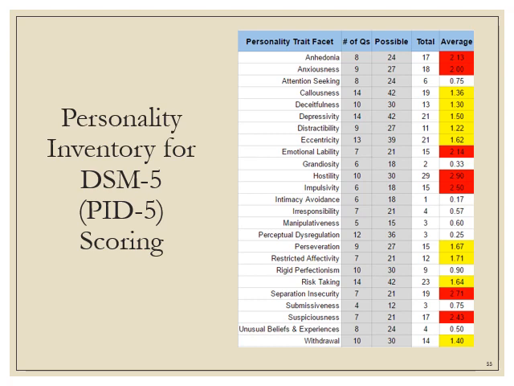So there are structured ways to take the information from the PID-5 and understand if somebody may be either at risk or manifesting a personality disorder.